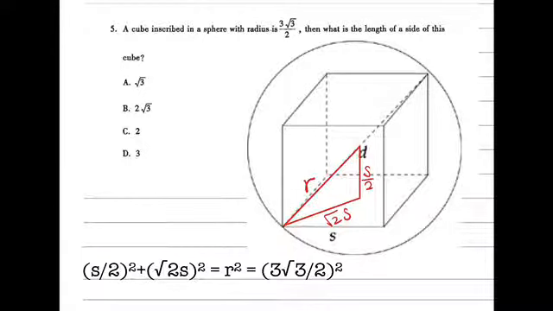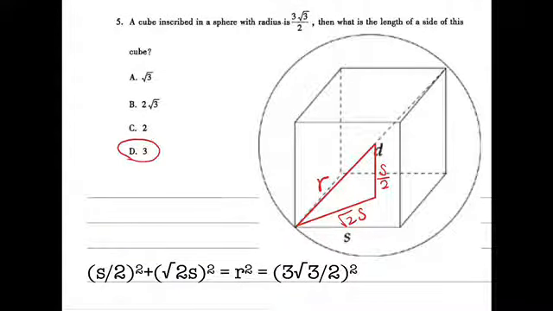And finally, the last one, between the center of the bottom surface and the vertex, is square root 2 times A over 2. So now we can solve the triangle by the Pythagorean theorem. A over 2 squared plus root 2 times A over 2 squared equals 3 root 3 over 2 squared. And we solve the equation, and we have A equals 3, so answer D is correct.